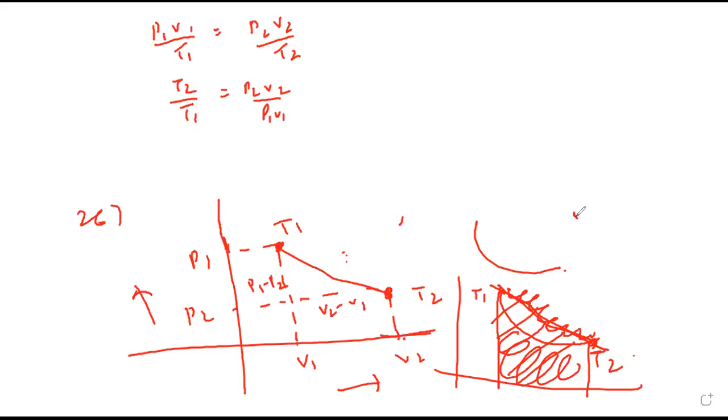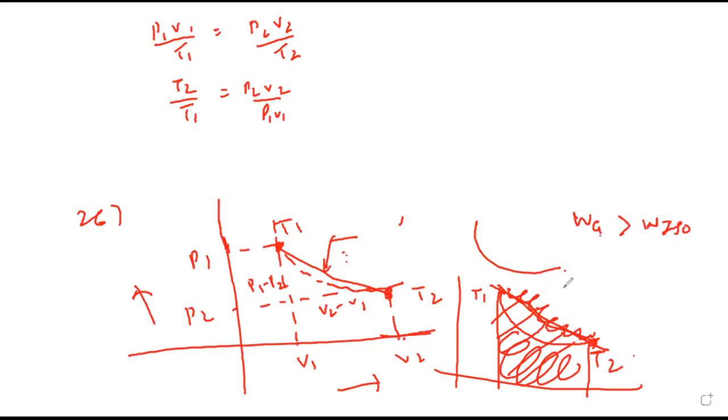So work in the first case will be greater, and in the isotherm, work will be smaller. So work in general here is greater than work in the isotherm, because the isotherm graph covers less area.